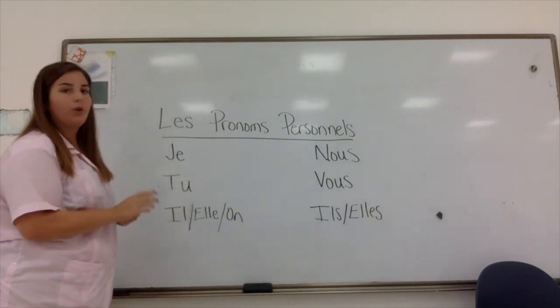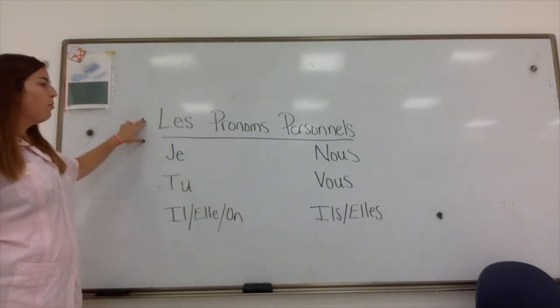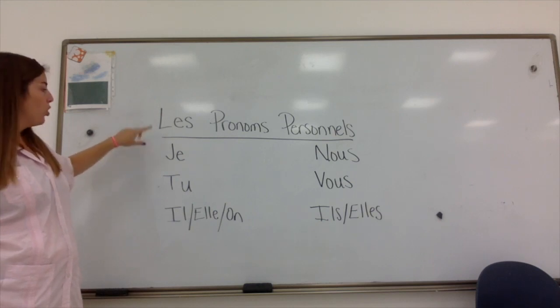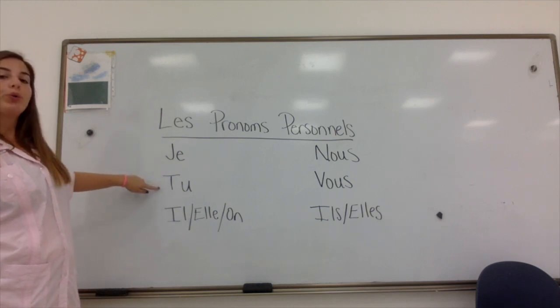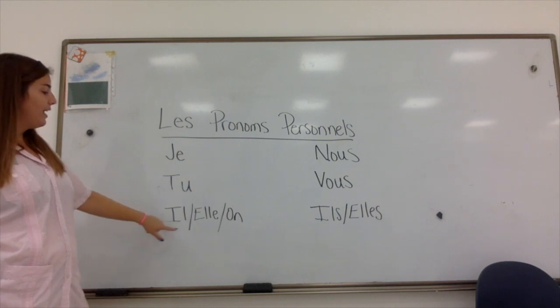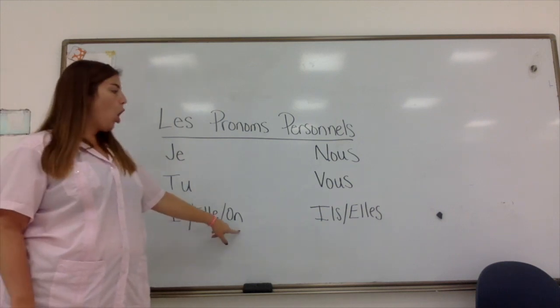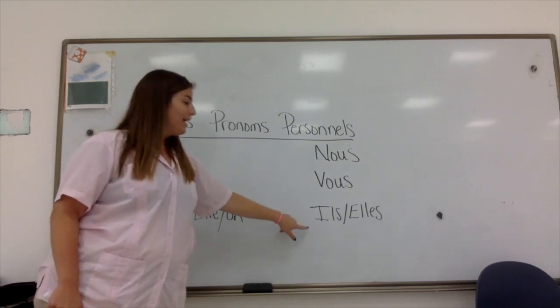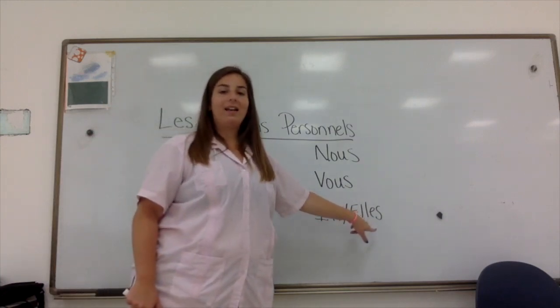Okay, so here we go. Les pronoms personnels en français sont je, tu, il, elle, on, nous, vous, il, elle.